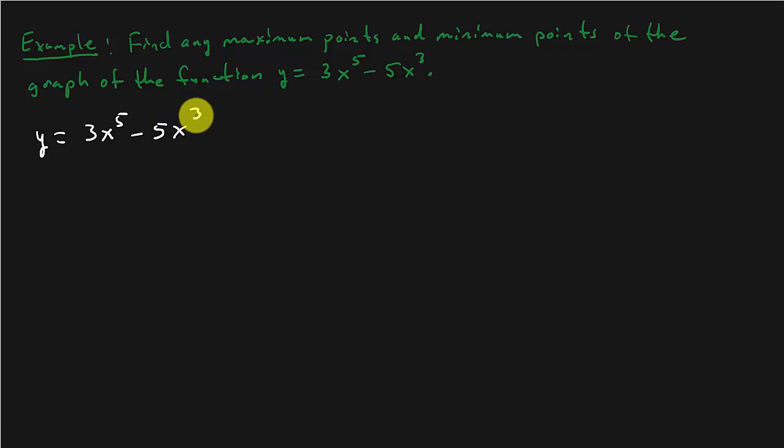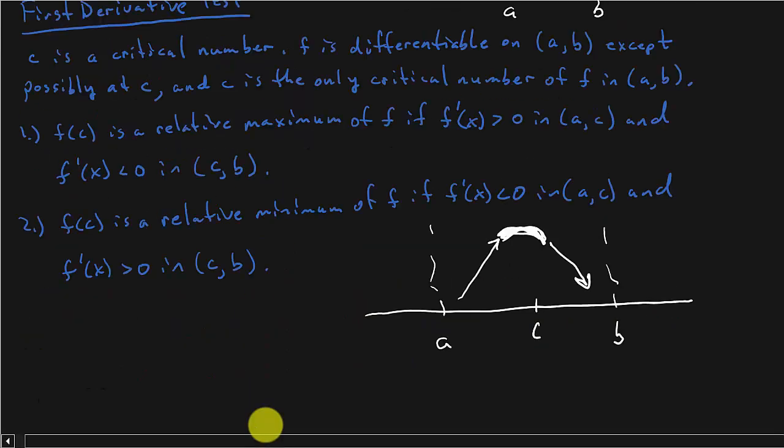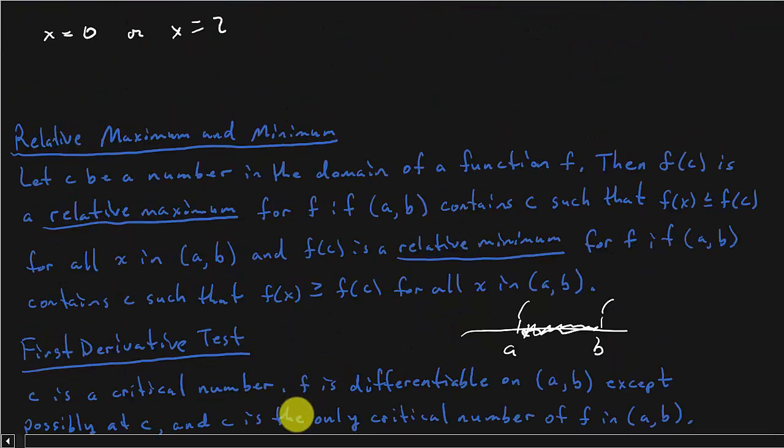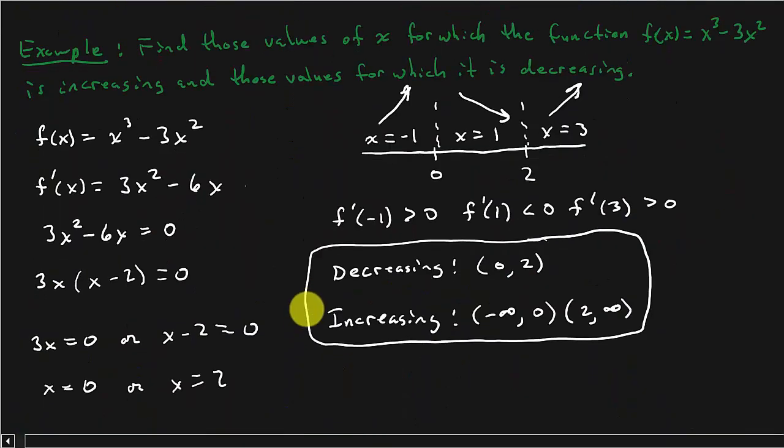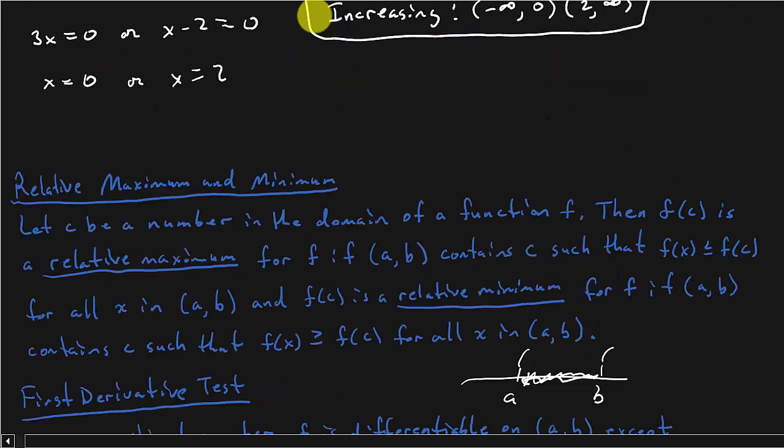And look, it's really easy. We've really done most of the work already, or we already worked most of this problem up here in this part. So basically what we're going to do to find relative max and min, we're going to determine where it's increasing and decreasing. Okay, so let's do that.